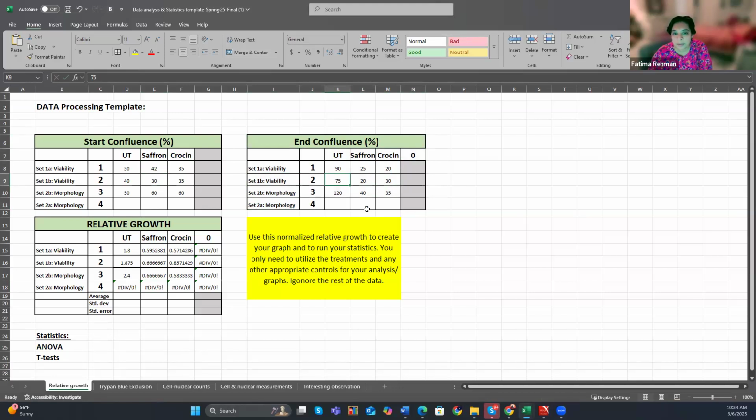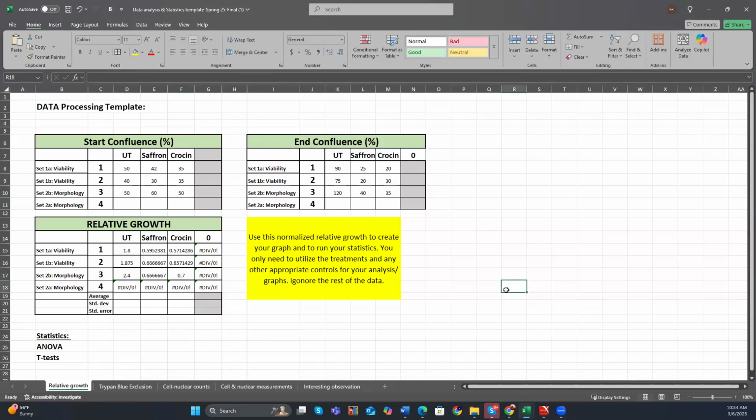And what about if we just compared saffron and crocin with each other? Would you make any judgment on that? If one was more effective or not? Looks like saffron has varying results.